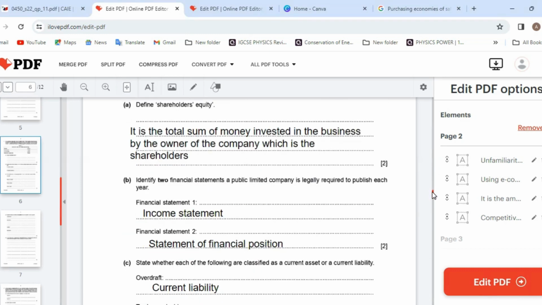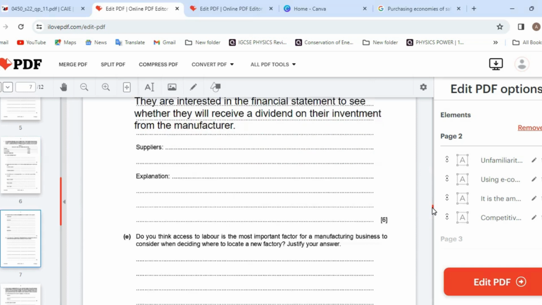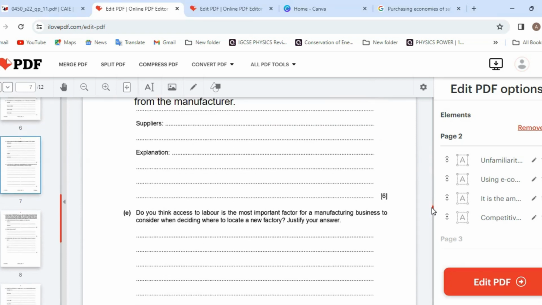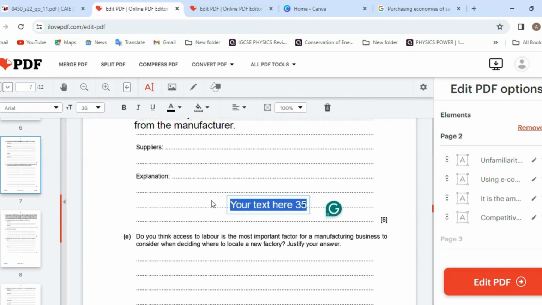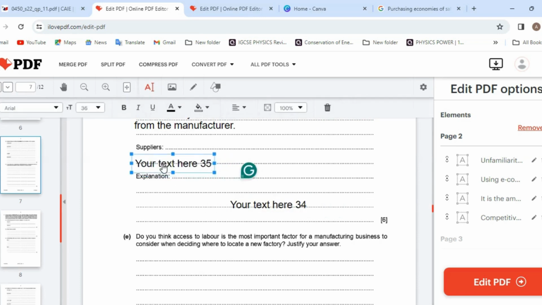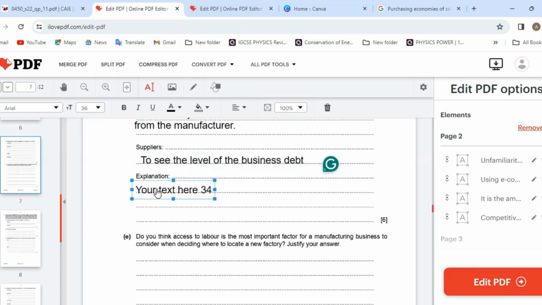Why do you think the supplier will be interested in the financial statement? Of course, they use it to see the total level of the business debt.